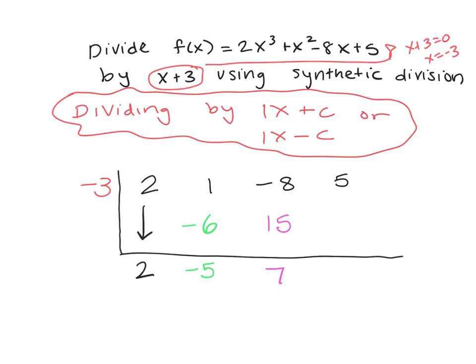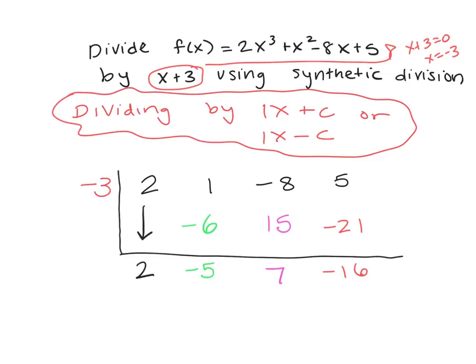And then we're going to repeat that process again. What is 7 times -3? And that's -21. And so I'm going to then add -21 plus 5, and that is -16.